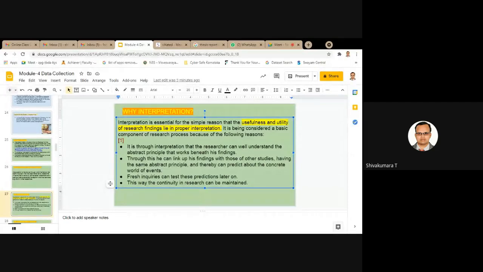When you are carrying out the research, you are not only providing a solution for the research; in addition to that, you are going to master and become clear in the abstract principles by which nature works.